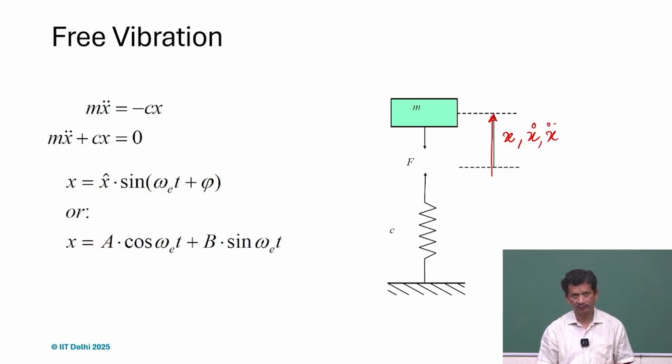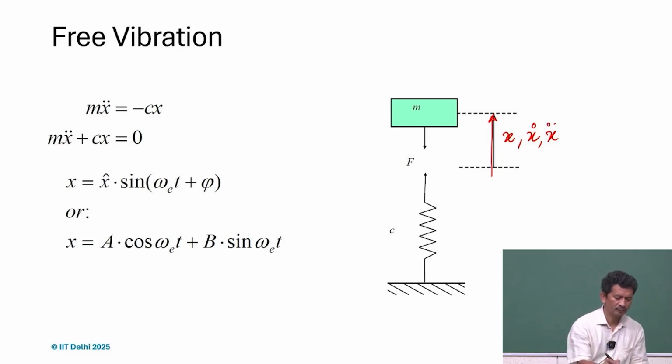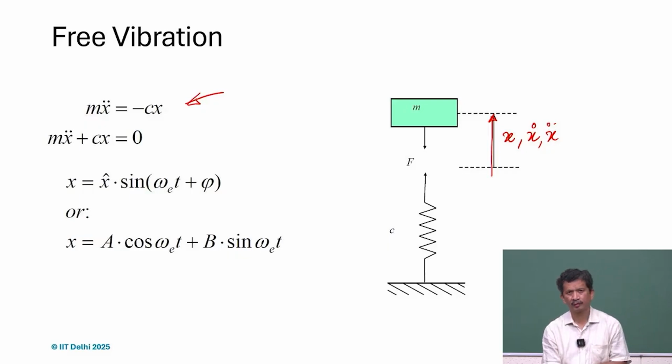The stiffness is defined, and if we make the free body diagram, we realize, if we write the dynamic governing equation, m x double dot is given by, because x is defined in the vertical upward direction, minus Cx, that is the force.